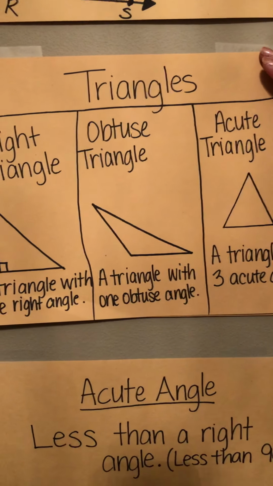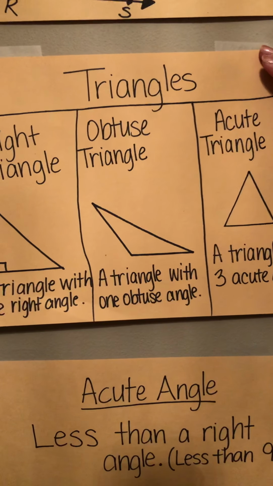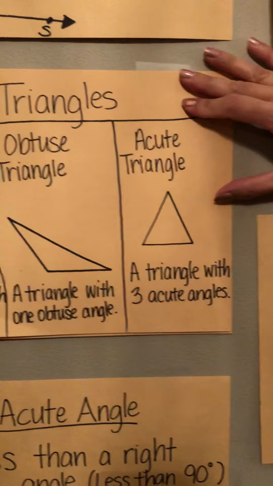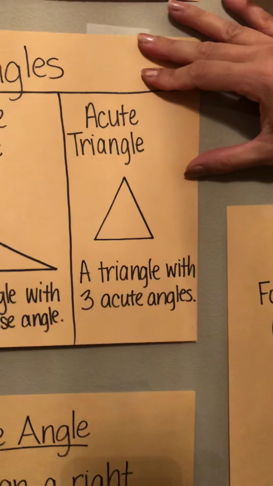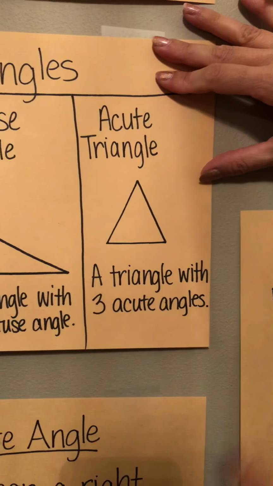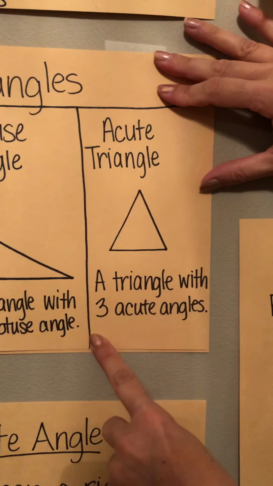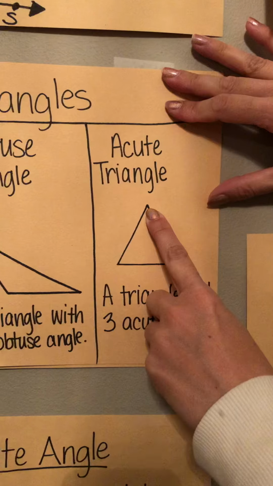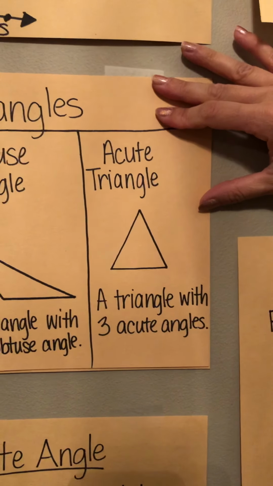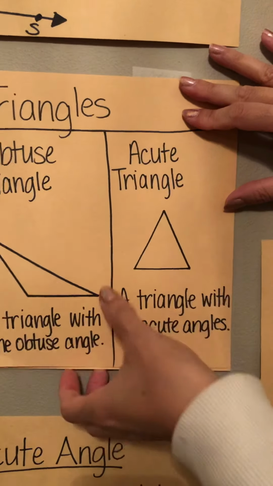So that is an obtuse triangle, because an obtuse triangle is a triangle with one obtuse angle. And the last one is an acute triangle. You see all of these corners are smaller than 90 degrees. An acute triangle is a triangle with three acute angles. That's an acute angle, that's an acute angle, and so is that, okay?